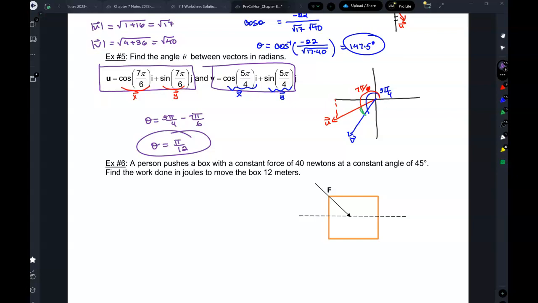Because I have a force down this way, right? That's my force. That force vector can be broken down into the vertical and the horizontal component. The vertical component of my force is being wasted here. But the horizontal component of my force is being used to drag this along the floor.